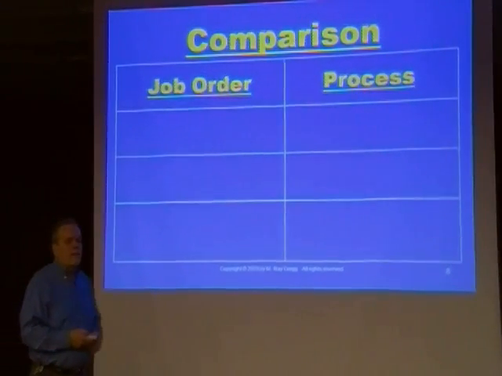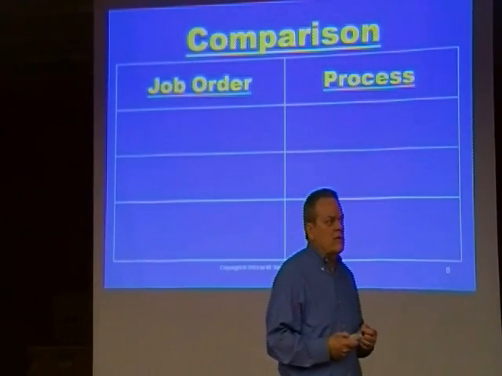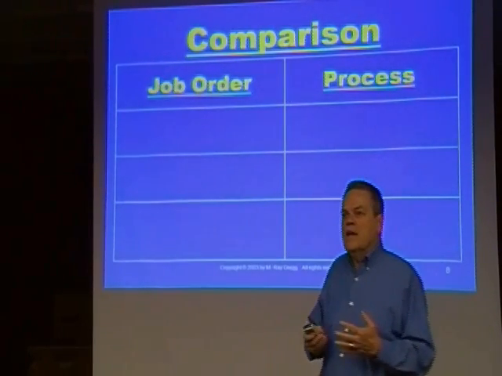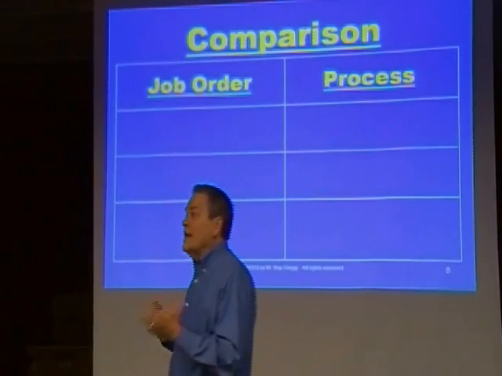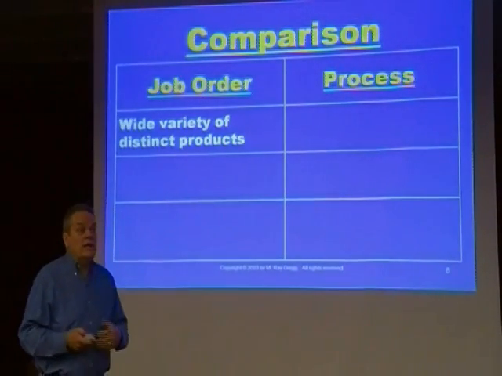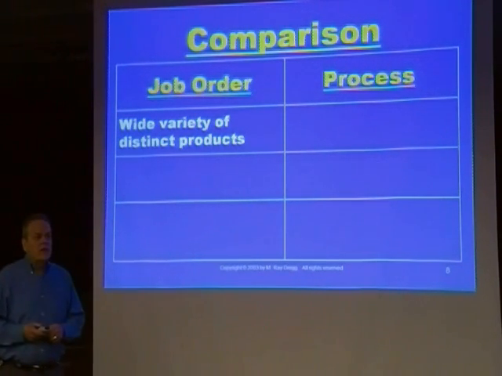So let's talk a little about the differences between job order and process cost accounting. Some of these things are the same things you heard last week that you would just be more ready to hear this week. Let's talk about some of the characteristics we talked about last week. In a job order cost system, we produce unique goods.